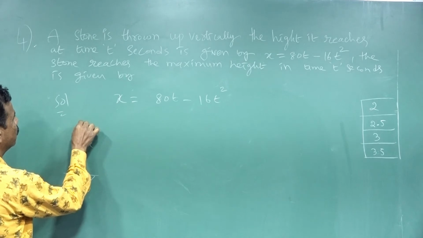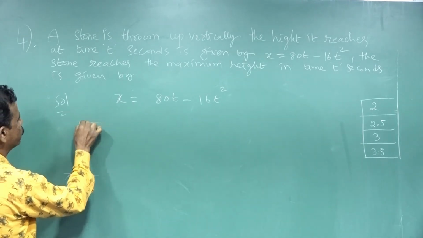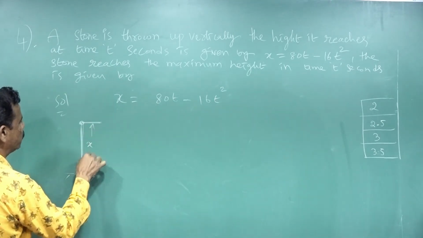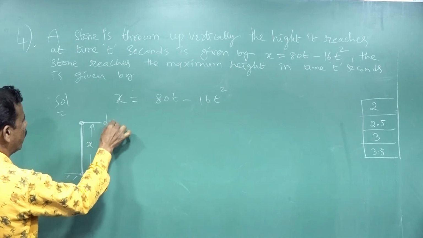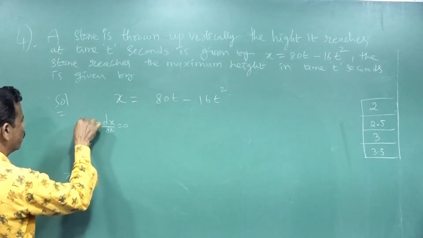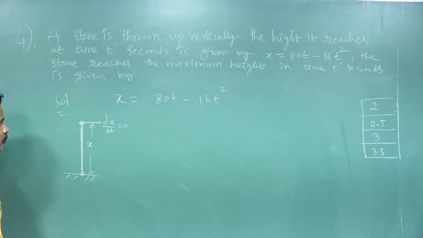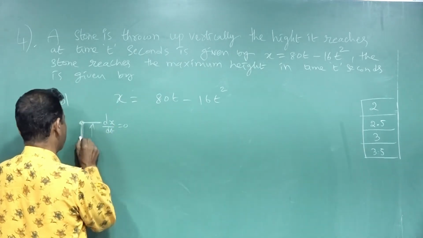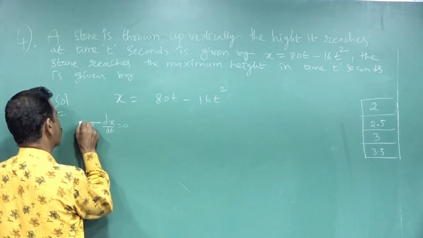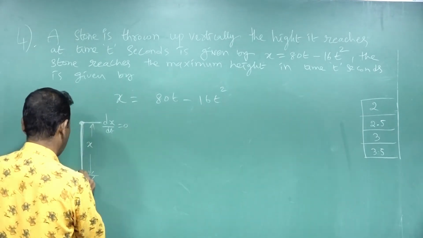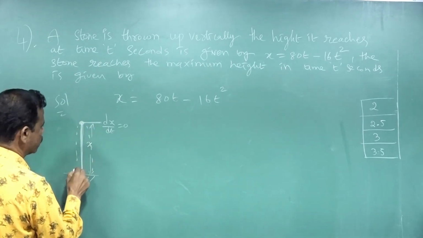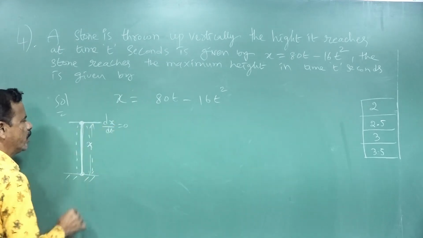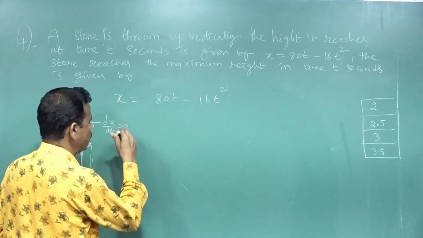So the maximum height is reached when dx by dt is equal to 0, then this x is maximum. Up to here going and stopped here and down coming, like this. So this is the maximum height. When the maximum height is reached, dx by dt is 0. What is that time?